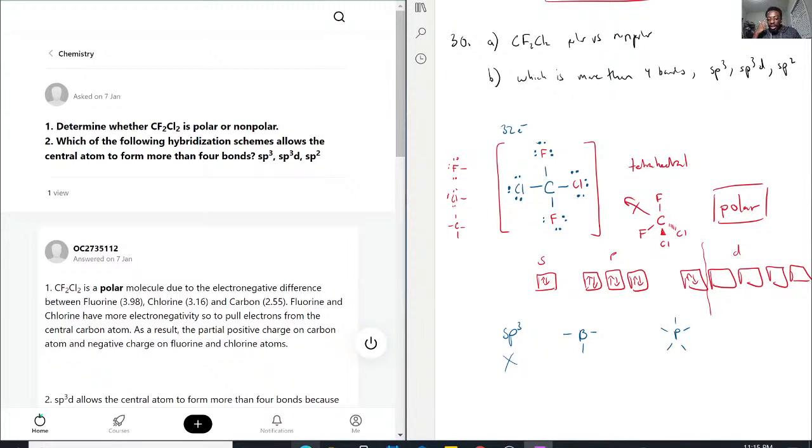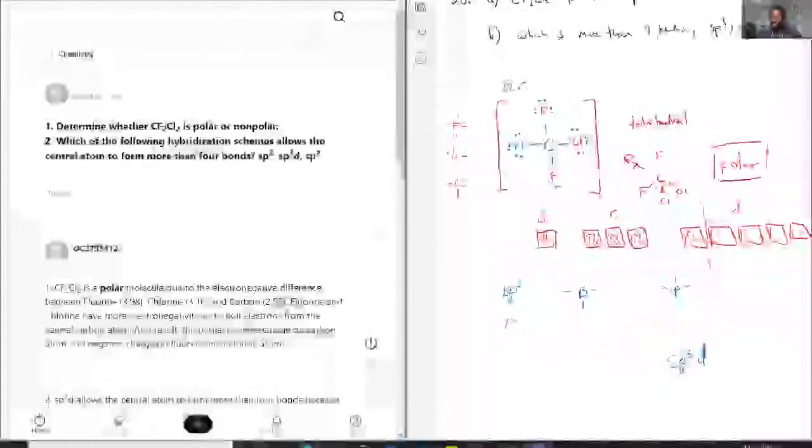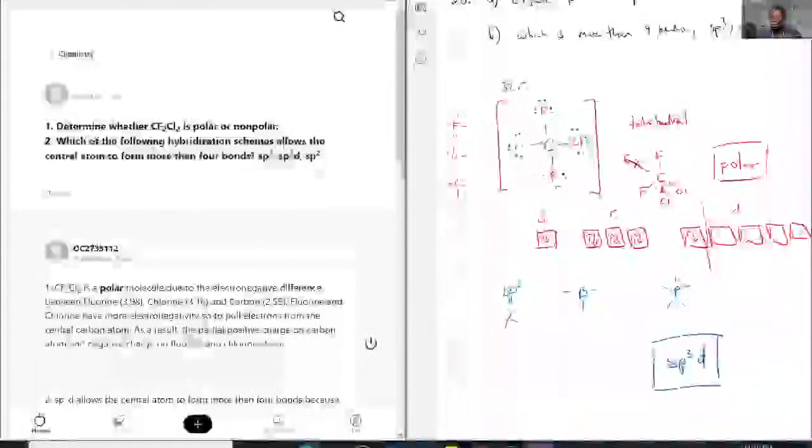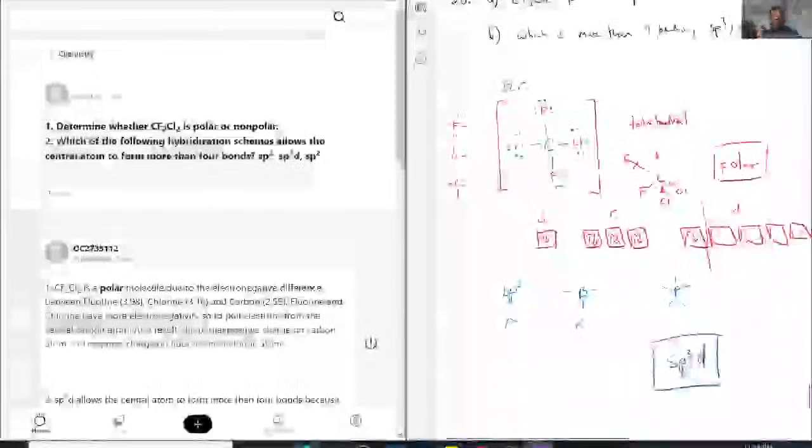This is what comes to my mind when I think of sp3d, because we need 10 electrons that it is sharing or just has to itself. So the only one that can have more than 4 bonds would be the sp3d orbital. That will be the one, okay? Not the sp3 and not the sp2.